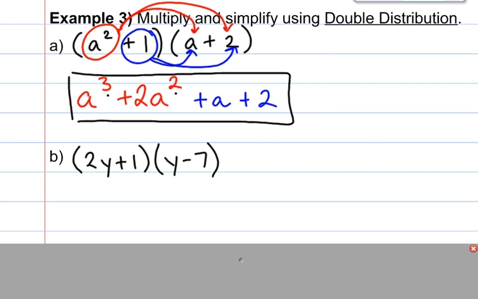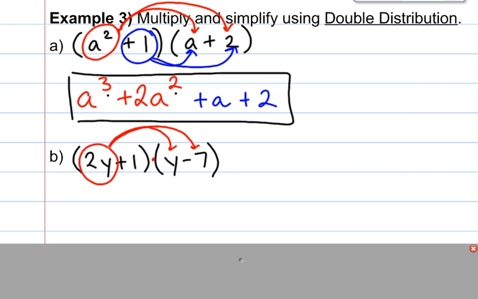So again, I'm going to double distribute. So I want to look at the very first term that I see. And remember, I know that this is double distribute because I see 2 sets of parentheses that are being multiplied. That's important. We're not adding like terms. We are multiplying here. So it's a little different. So that 2y is going to skip over the 1 into the next set of parentheses and distribute there.